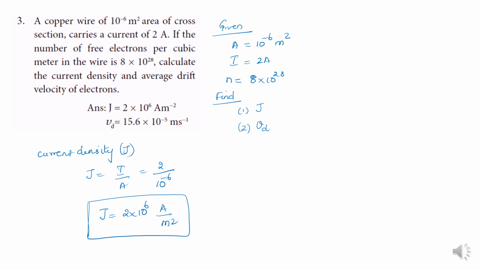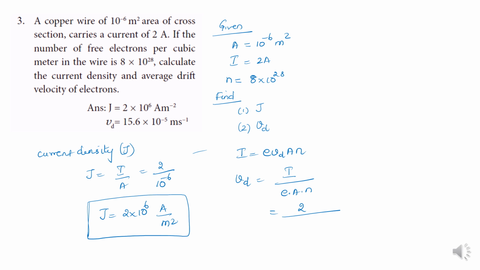Okay. So then you are asked to find the drift velocity. What is drift velocity Vd in terms of I or J? I is equal to E Vd A into N. From this, Vd is equal to I by E A N. What is I? 2.